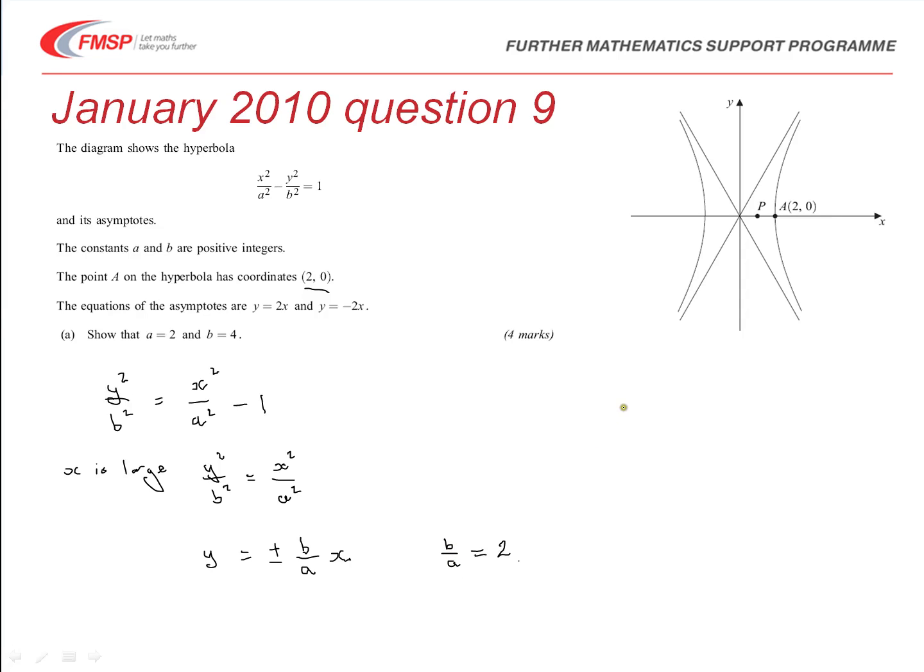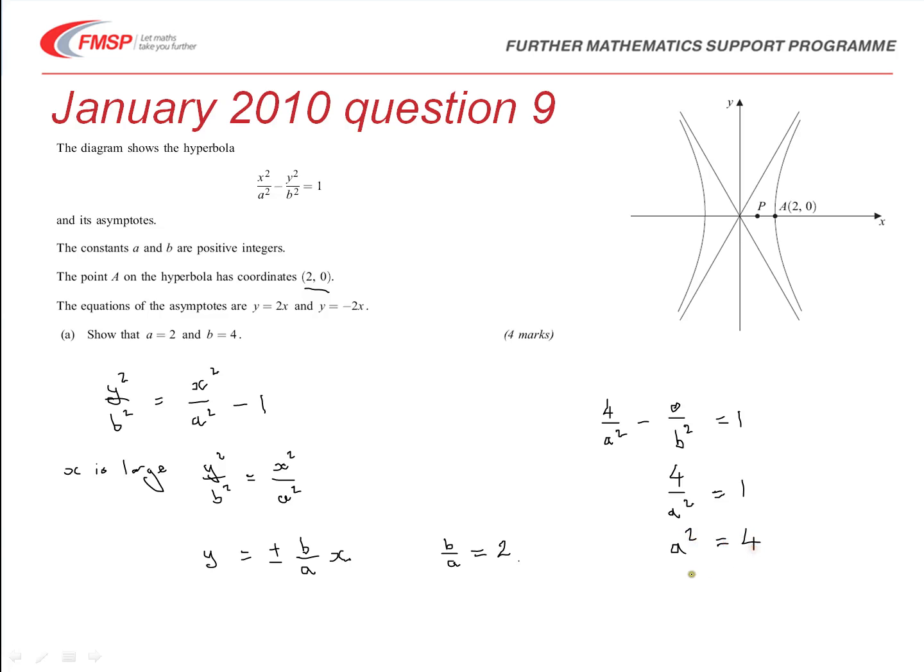So if we substitute (2, 0) into our equation, we're going to get 4 over a squared minus 0 over b squared, that's the value of y substituted, equals 1. So in other words, 4 over a squared is equal to 1. So a squared is equal to 4.